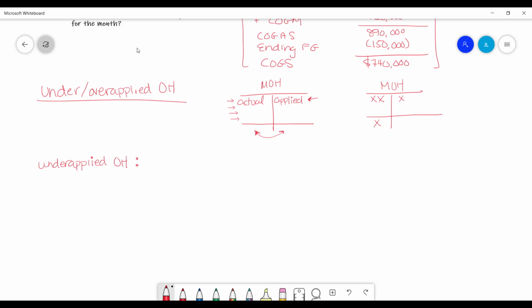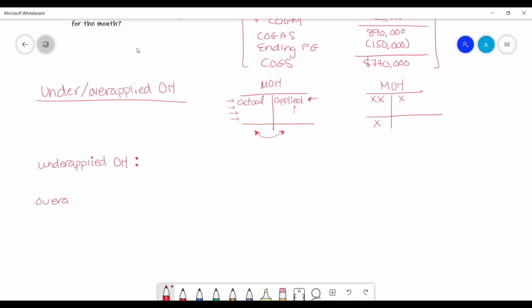Never will these two numbers ever really be exact. It's almost impossible, right? Because we're using estimates to apply overhead. But we want to get them as close as possible. The presence of underapplied overhead just means we undershot the applied figure a little bit.